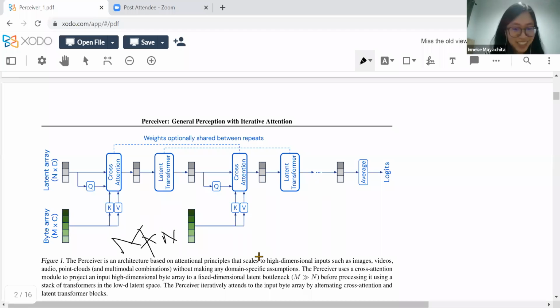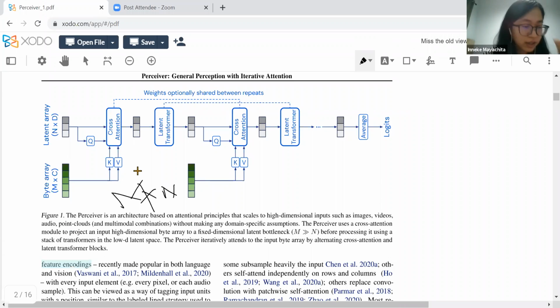Sorry for my drawing. Because we don't multiply m with m, we now multiply m with n, and n is much smaller than m, we can reduce the computations. So that's the very basic idea that they want to do here.